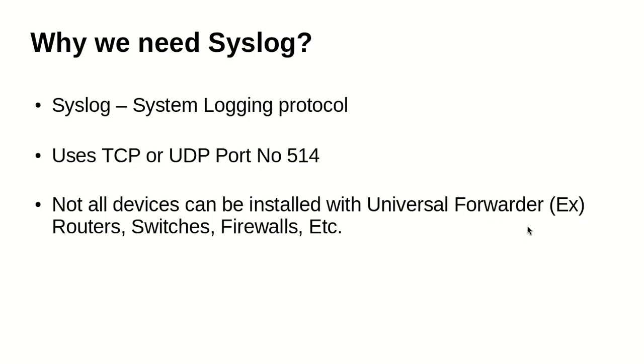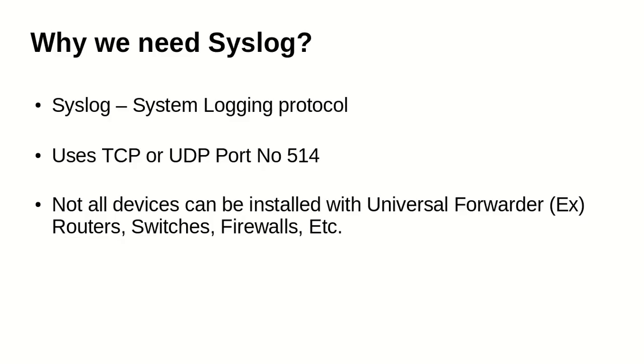In our last session, we have seen the universal forwarder forwarding the logs from the Ubuntu server to the Splunk indexers, right? So the web server was based out of Ubuntu, and while downloading the universal forwarder for Ubuntu in the last session, we were able to see the supported platforms for the universal forwarders, right?